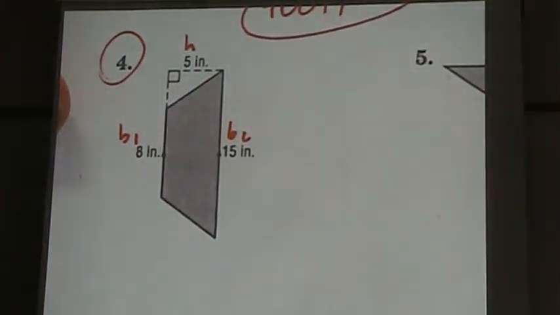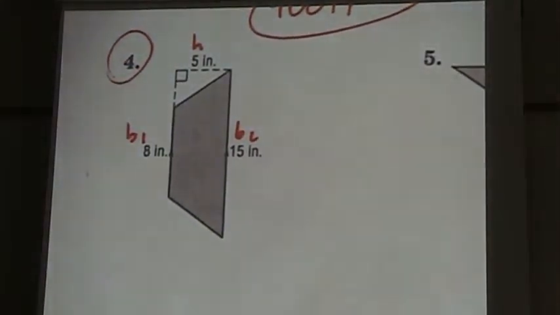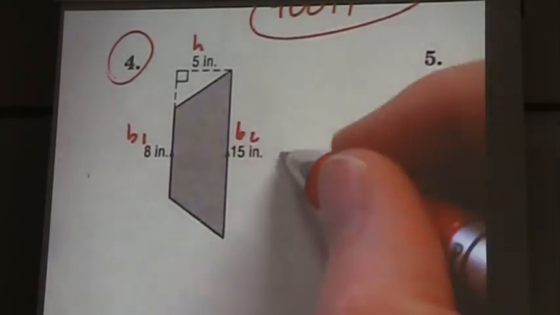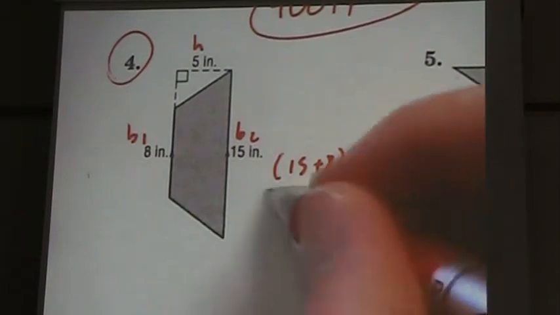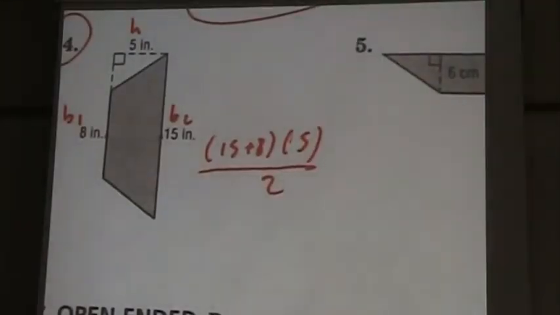So height isn't necessarily height as in bottom to top. It's the distance between your bases for a trapezoid. So add the bases times the height, divide by 2. We should get a decimal here, that's my guess. $57.5.